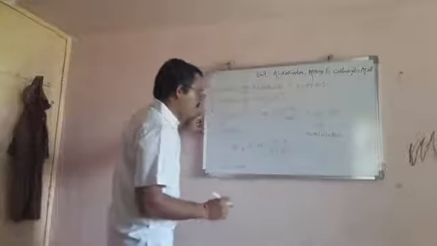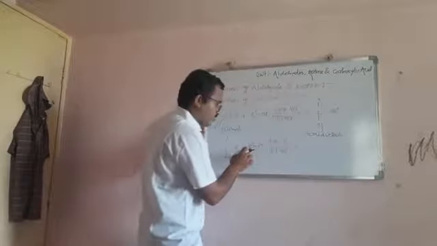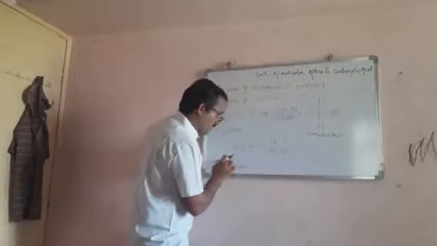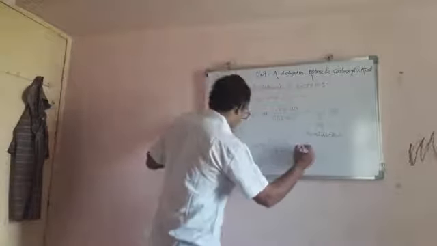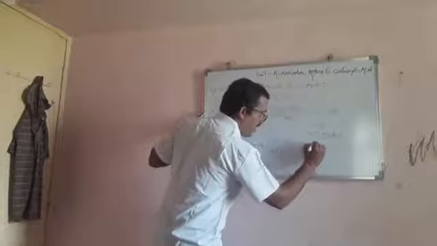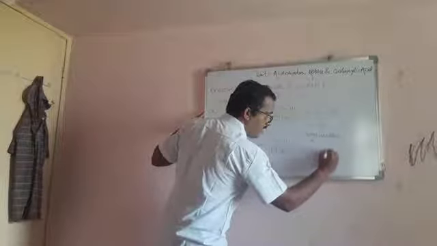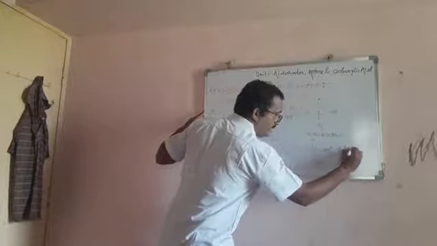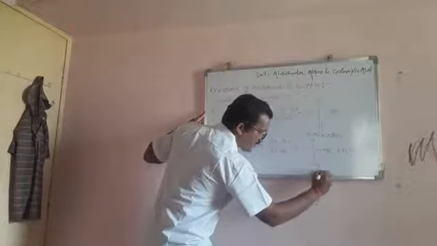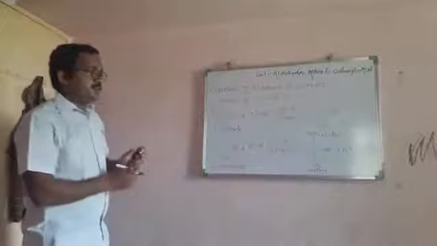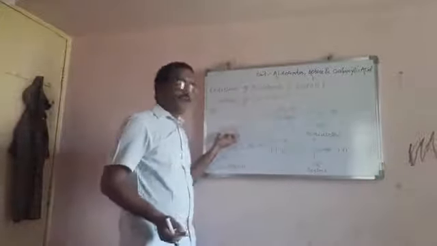This hydrogen is replaced by this R', and this hydrogen and hydroxyl group are given out as the byproduct H2O, and the compound is RCH(OR')2. The name of this compound is acetal. This is the addition of alcohol into the aldehyde.